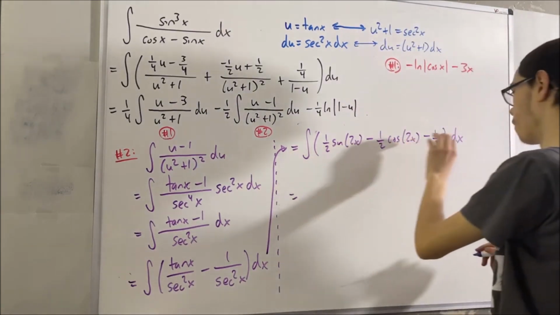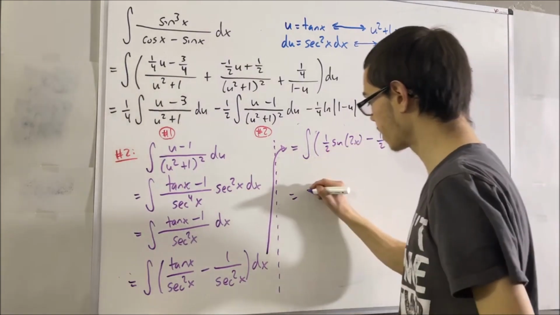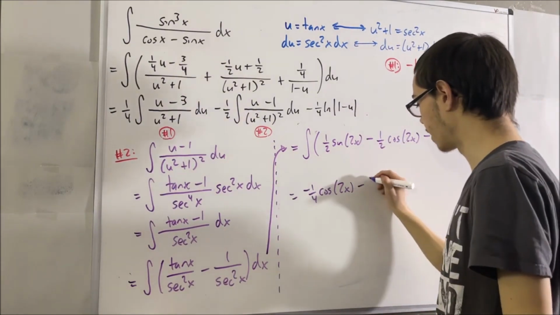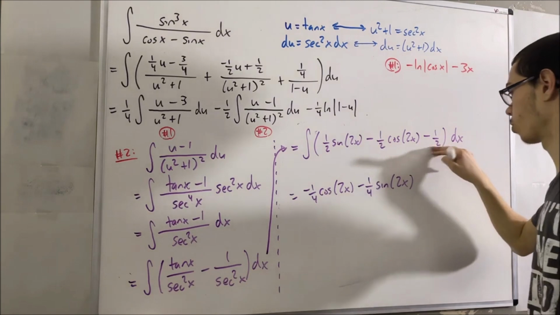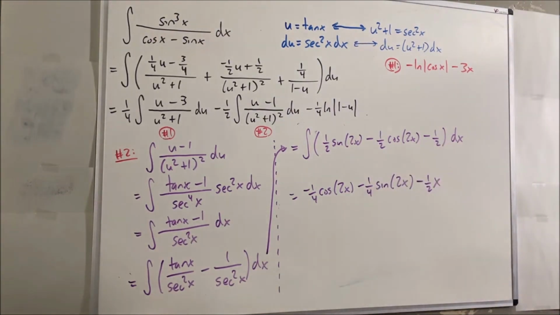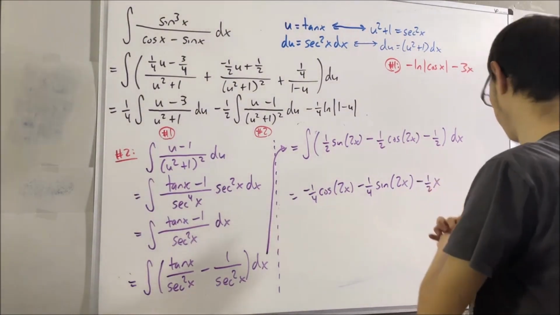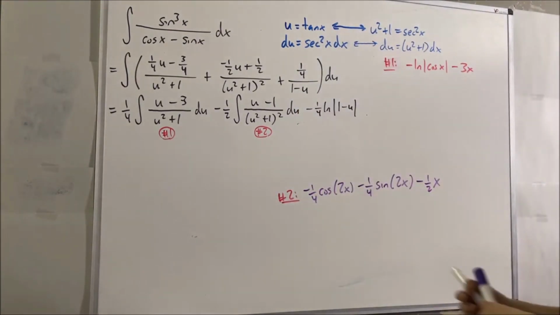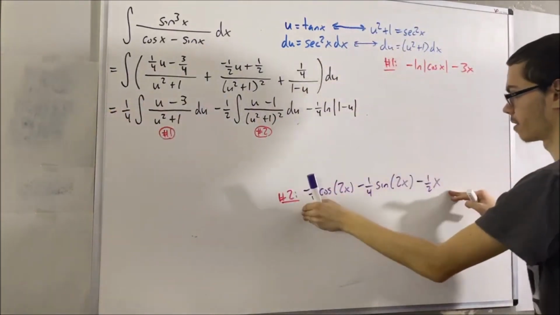So you have integral of 3 separate pieces. For the first piece, if you were to evaluate this integral, you would get this. If you were to evaluate this integral, you would get this. And if you were to evaluate the integral of 1/2, that's of course minus 1/2 x. So this right here is the answer to integral number 2. So now we can re-express this entire thing using this and this.